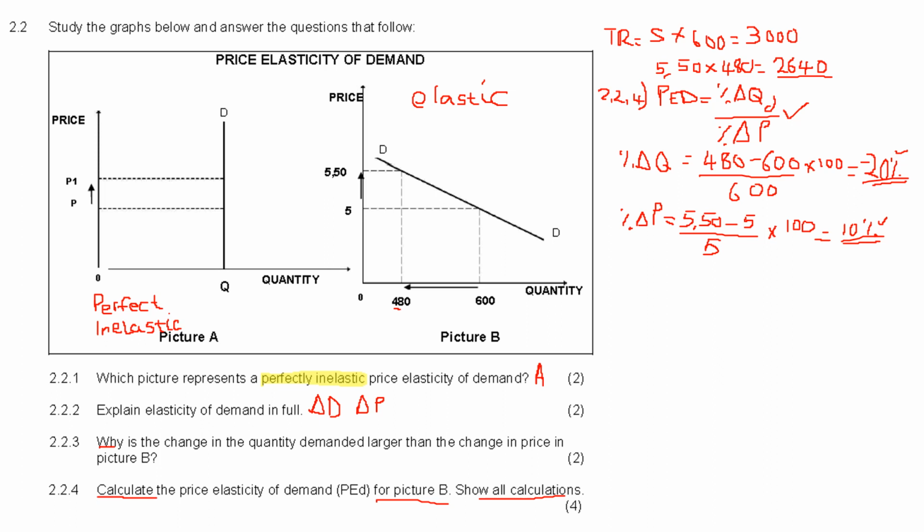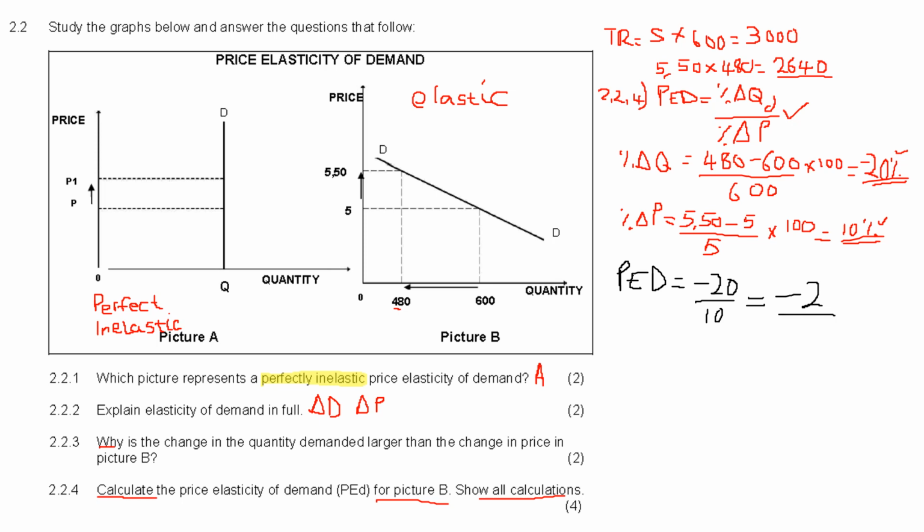So our PED is going to be equal to negative 20% divided by 10%, which is our percentage change in price. If you punch that on your calculator, your answer is going to be a negative 2.